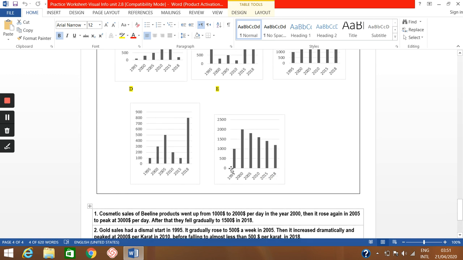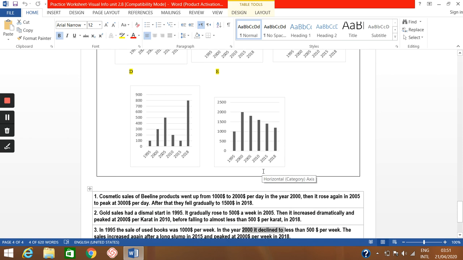It went to the peak, the highest point, then it went down. Most probably it seems to be E here because it reached the peak here in the year 2000, then it fell gradually, because here after the peak there is no kind of trend.